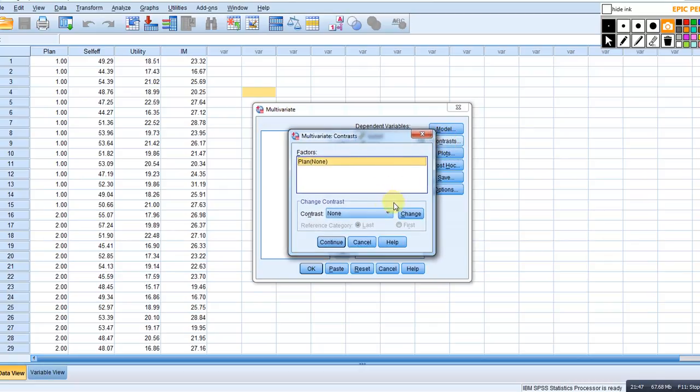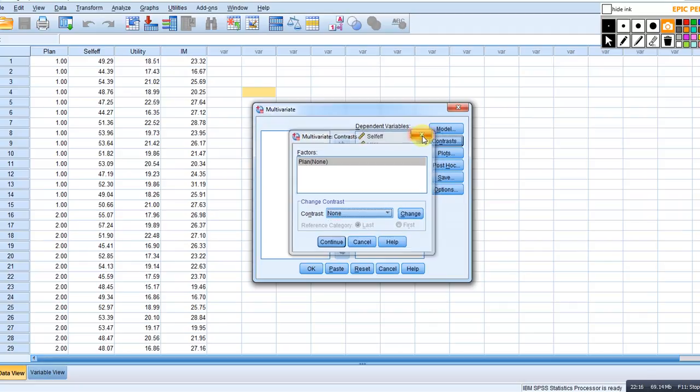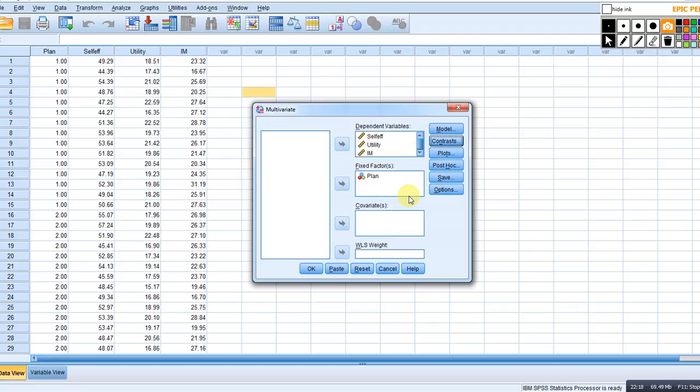If there was a situation where my independent variable was ordered and I wanted to look at possible trend analyses or whatever, there are various options that are available, and one of them is a polynomial contrast option, which would allow you to actually perform a trend analysis. There are also other canned options as well, but I generally tend to prefer to utilize the syntax in order to specify a priori contrasts.